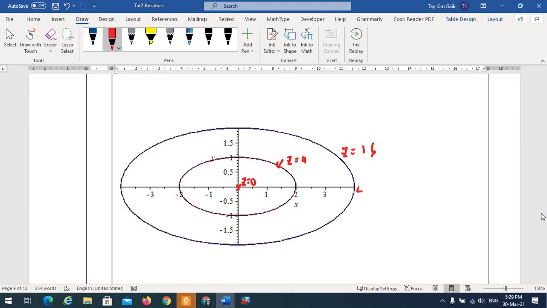This is 4, this is negative 4, this is 2, this is negative 2.